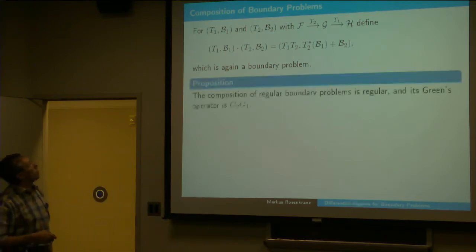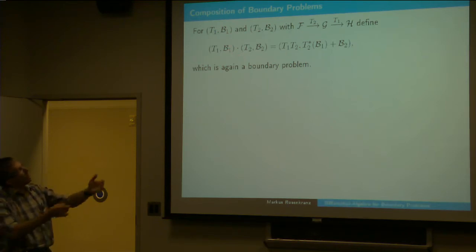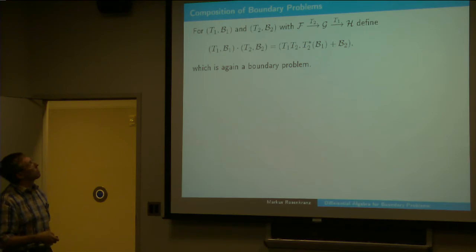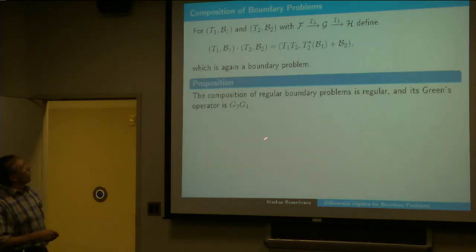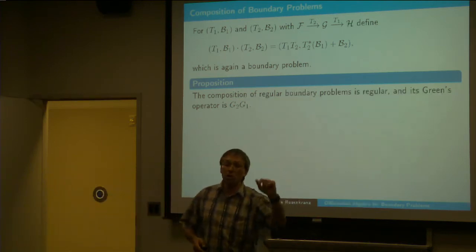So it's a semi-direct product of the monoid of differential operators here and the abelian monoid of subspaces under addition of spaces. And it turns out, that's the reason for this multiplication, that if you multiply two regular boundary problems, then what you get is again a regular problem, and its Green's operator will be just the product of the two smaller Green's operators, except that the order is reversed.